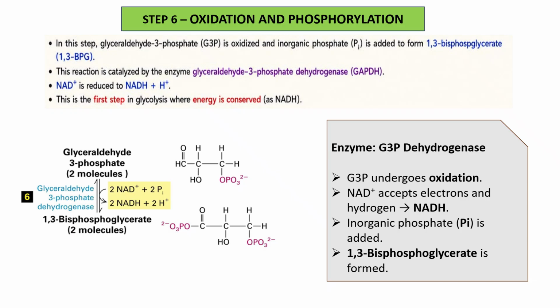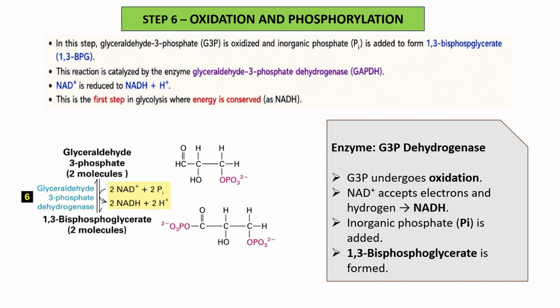During this reaction, G3P loses hydrogen and high-energy electrons which are accepted by NAD+, resulting in the formation of NADH. NAD+ accepts electrons and hydrogen during oxidation and gets reduced to NADH. An additional hydrogen remains in the reaction medium.